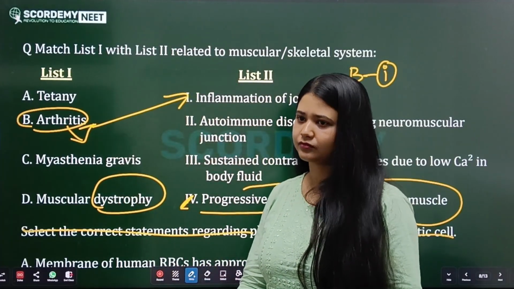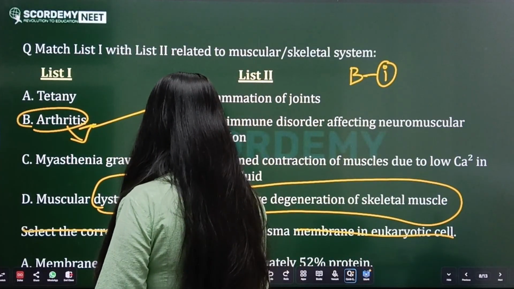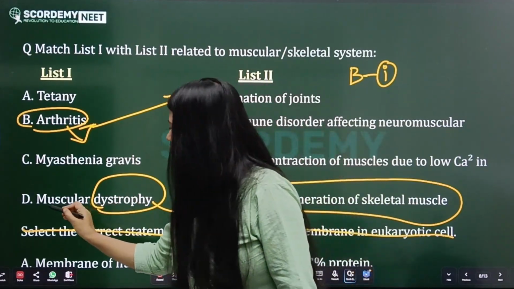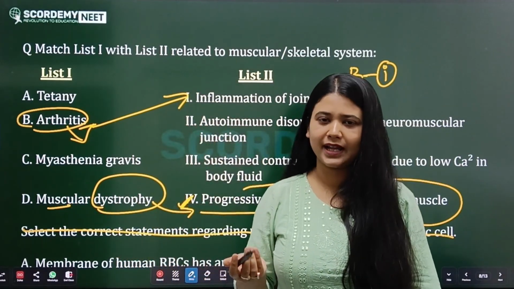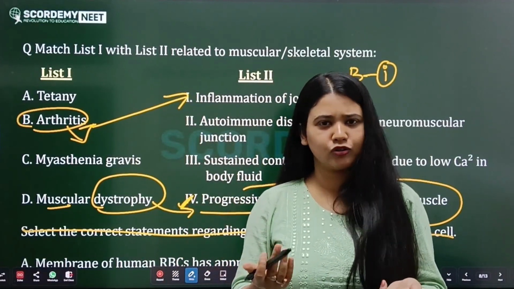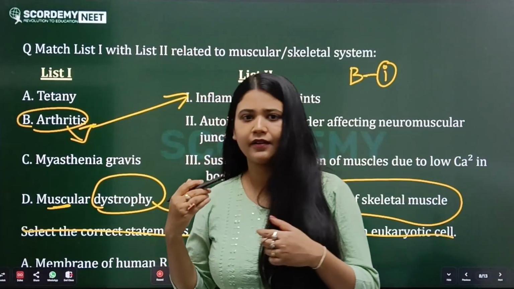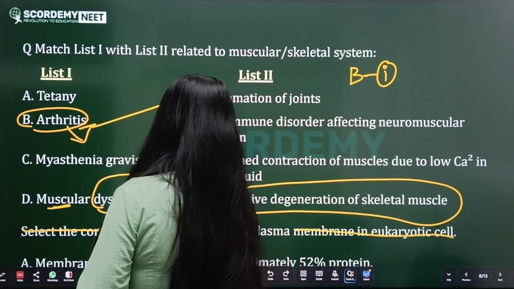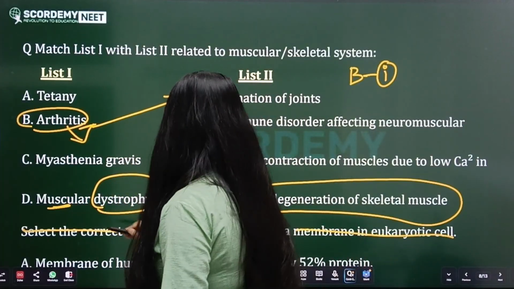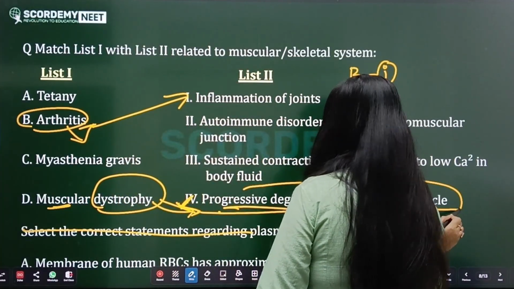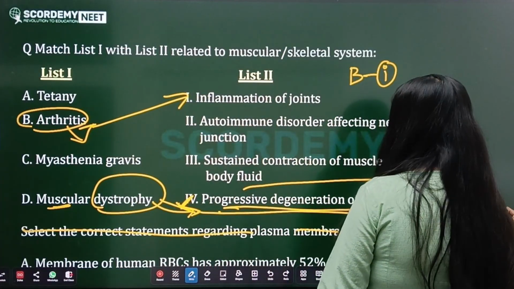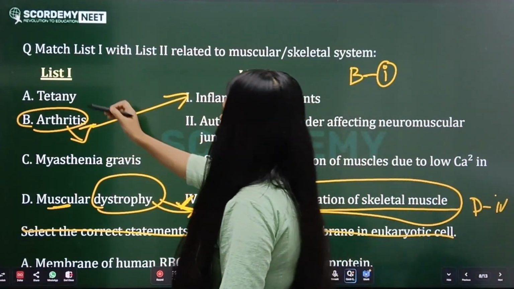Dystrophy means there is some disfiguration. The word muscular means muscle related, not bone, nerve or hormonal. So you can correctly guess that muscular dystrophy means progressive degeneration of skeletal muscle. That is option number D, which is 4.